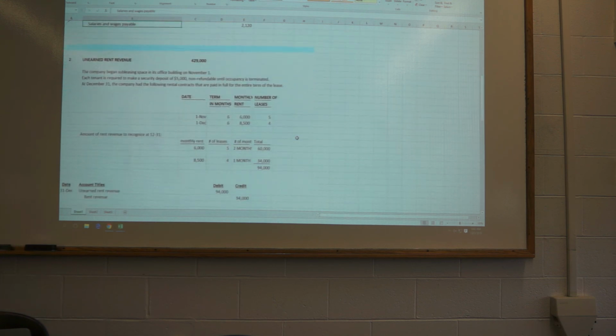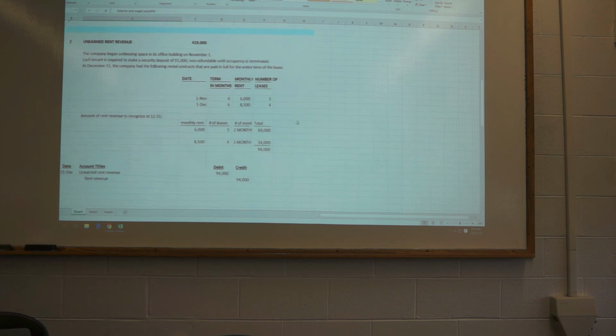Unearned rent revenue. And again, I take a fairly mechanical approach to this. They give you all of this information here. I just sort of sort it into what we need to know. We're trying to figure out the amount of rent revenue to recognize at December 31st. So for the first group, we've got 6,000 monthly rent.